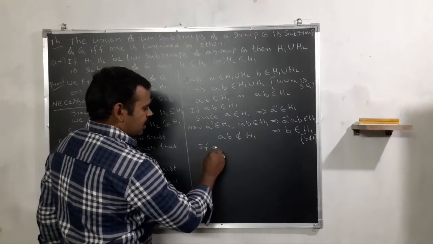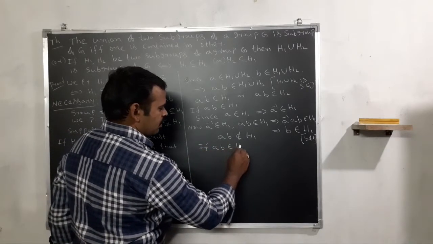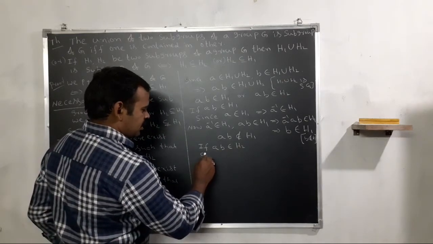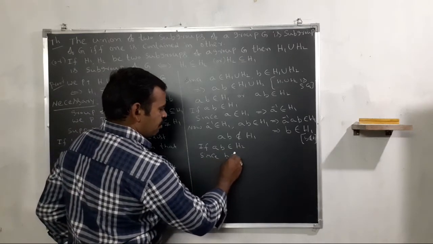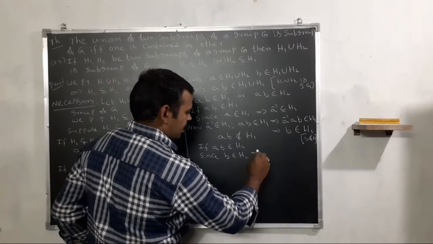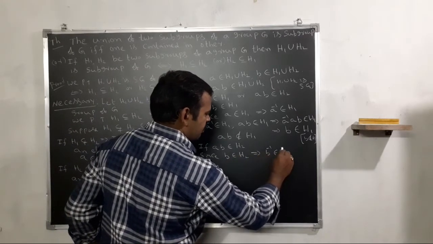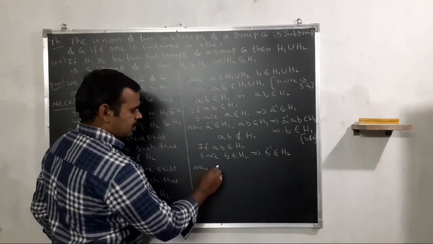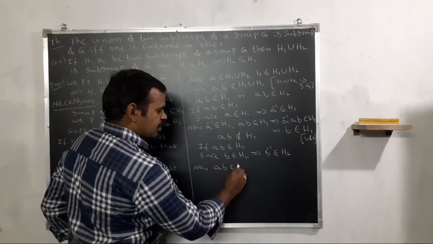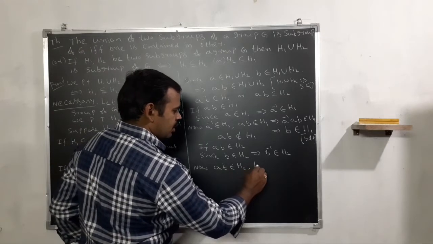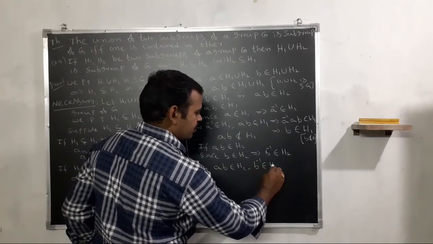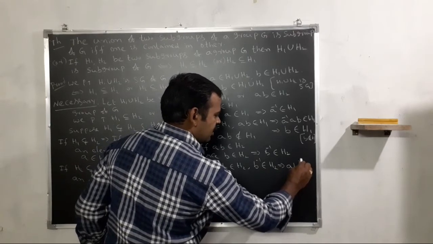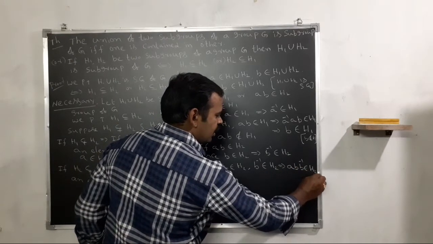Similarly, if AB belongs to H2: since B belongs to H2, B inverse belongs to H2. Now AB belongs to H2 and B inverse belongs to H2 implies AB B inverse belongs to H2.